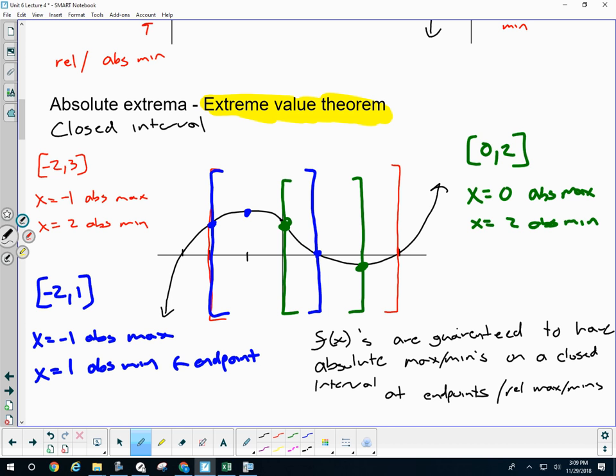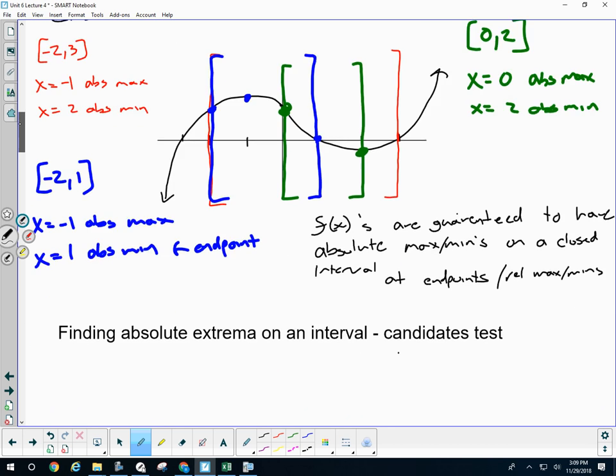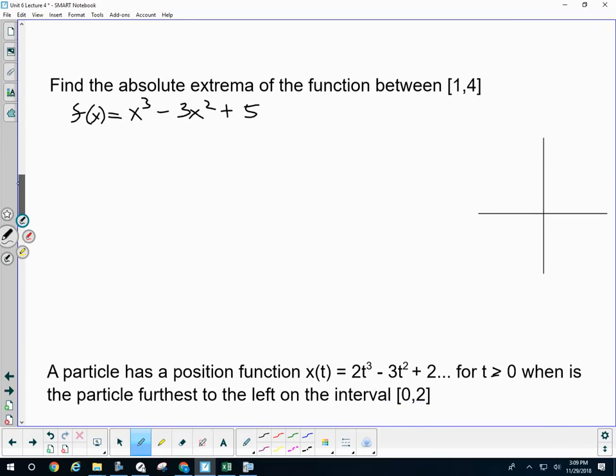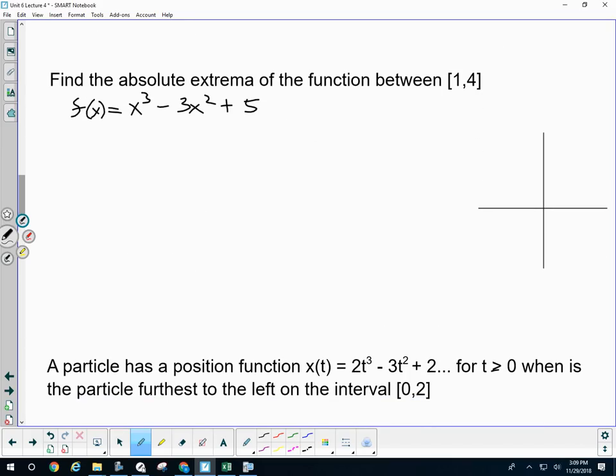All right? Let's go ahead and find some absolute extrema. We'll come back to this. Let's find the absolute extrema of the function between 1 and 4. Get rid of 3. I think in your notes it says 3. Change it to 1 and 4. We'll fill in the part up top right after this. Well, absolute extrema will occur either at the locations of relative extrema or at endpoints.